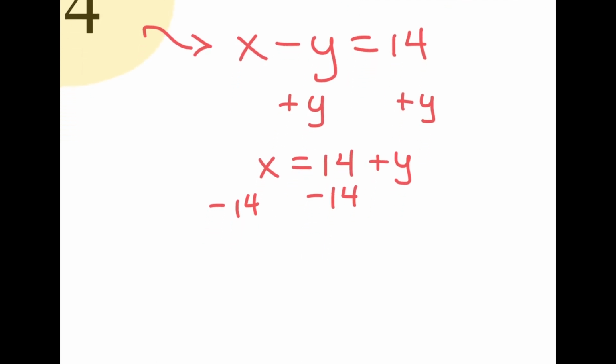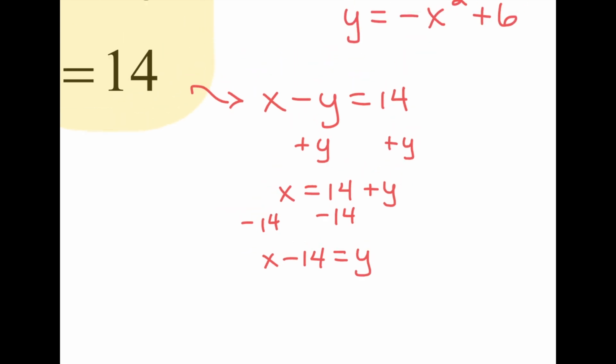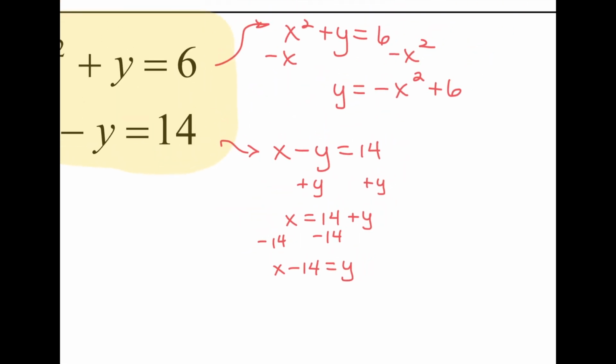That just works best for how I see the problem, and it keeps my signs. I don't ever have to change a negative 1 to a positive 1, which ends up giving me room to make mistakes. So anyway, the two equations that you're going to set equal to each other are the negative x squared plus 6 and the x minus 14.